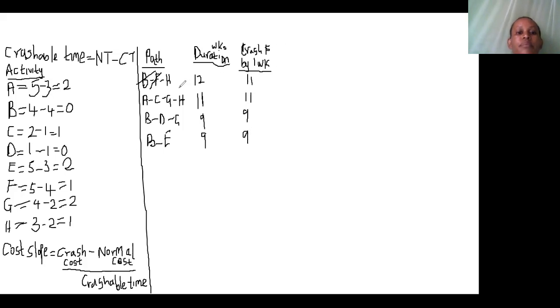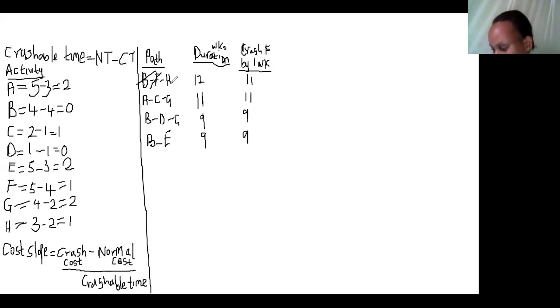Okay. Now, the only activity remaining to be crushed is activity H to guide us as we do the crushing. So activity H has a crushable time of 1 week.